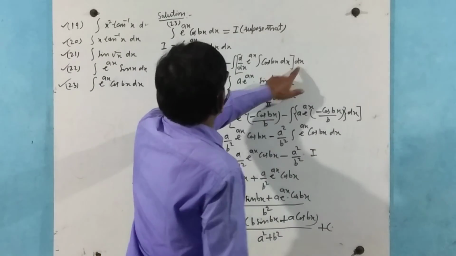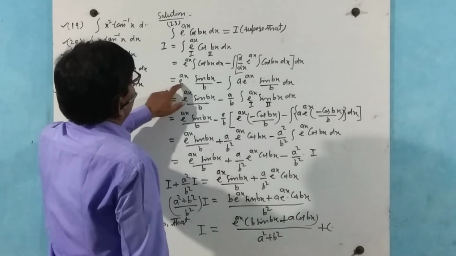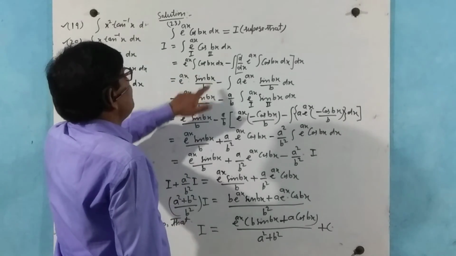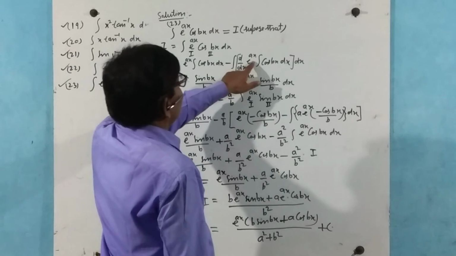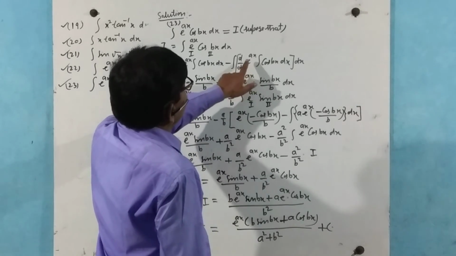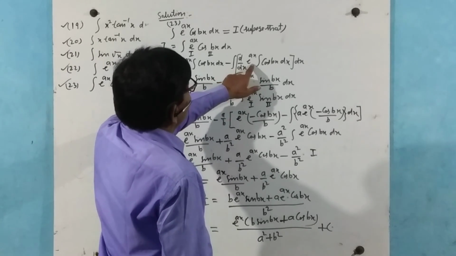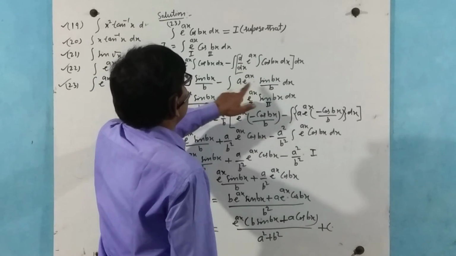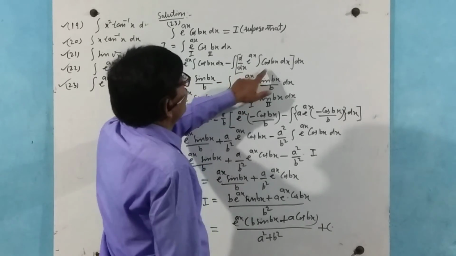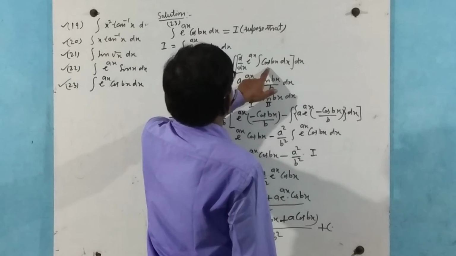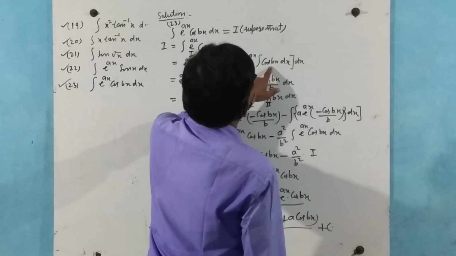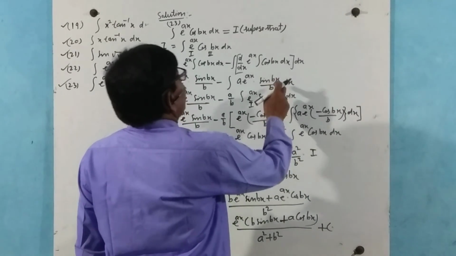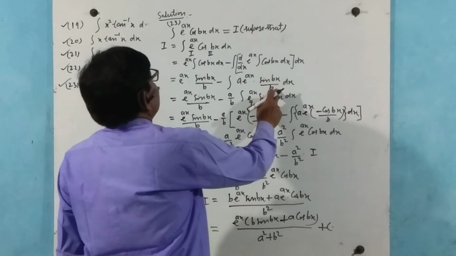E to the power ax times integration of cos bx, which is sin bx by b, minus integral of differentiation of e to the power ax, which is a e to the power ax, times sin bx by b dx.